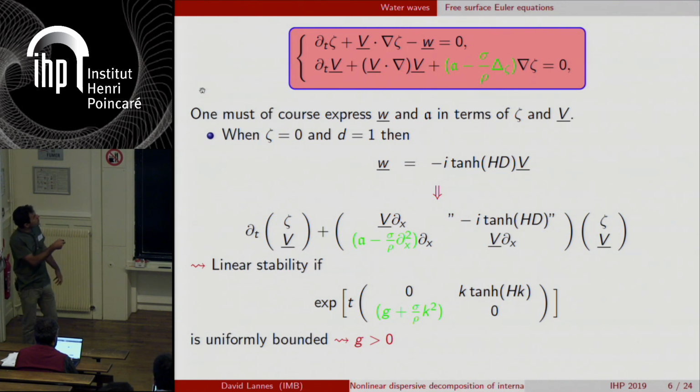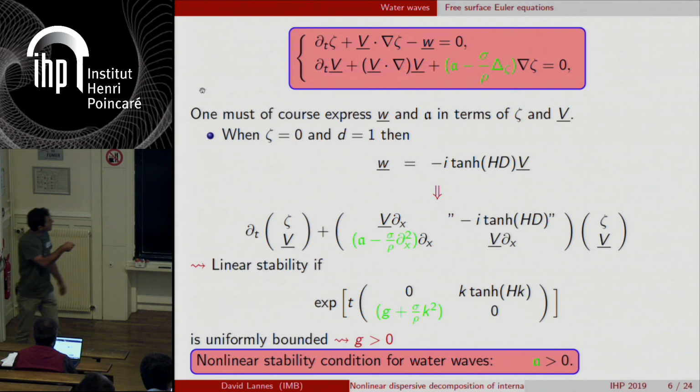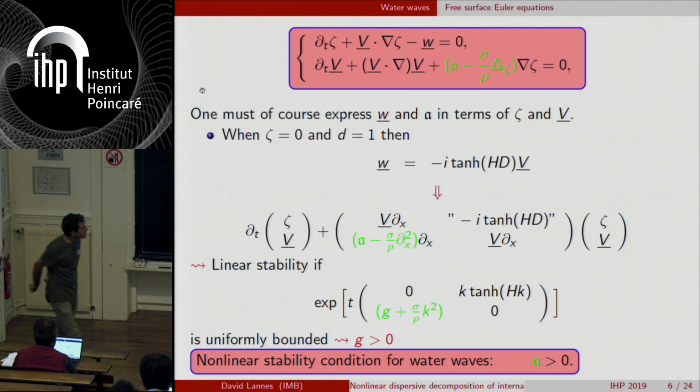And so this is of course the linear analysis. If you want to understand the nonlinear analysis, then the nonlinear stability condition, instead of having g positive, is just obtained by assuming that A, this Rayleigh-Taylor coefficient, is positive. So A, I remind you, is minus the vertical derivative of the pressure at the surface, which has to be positive.